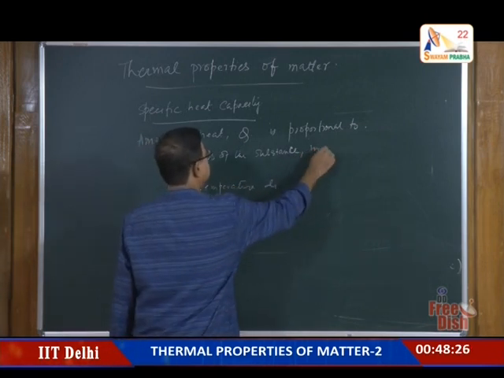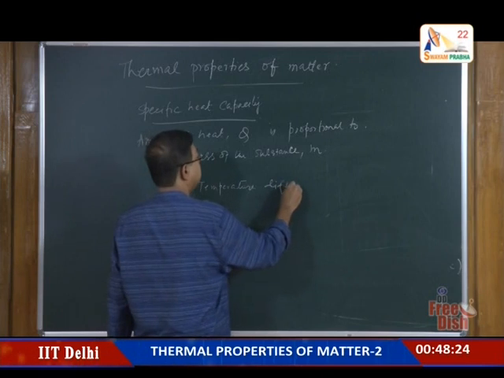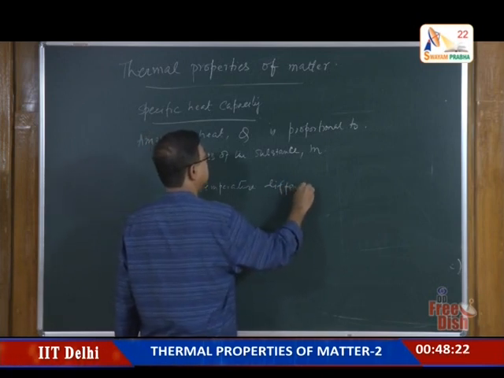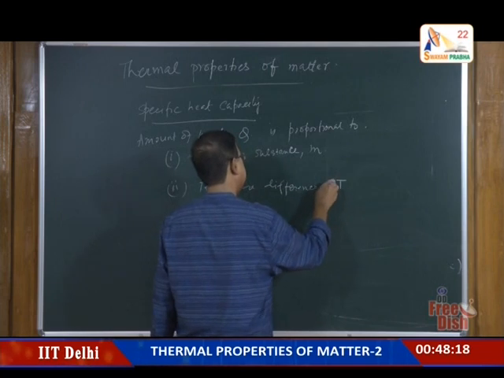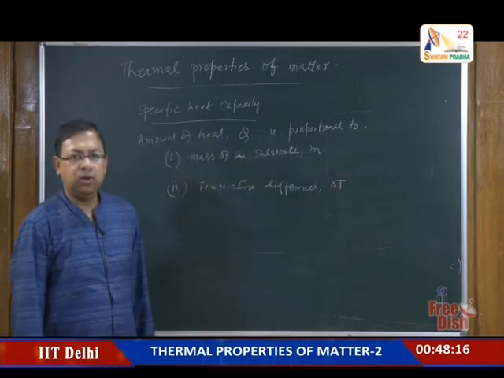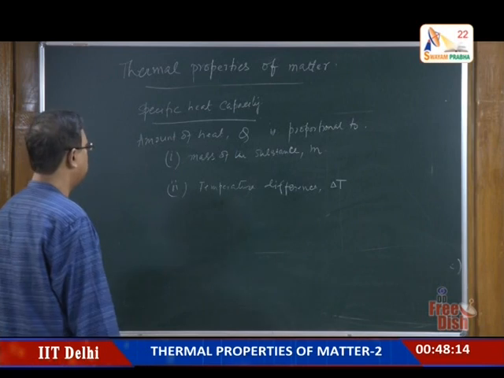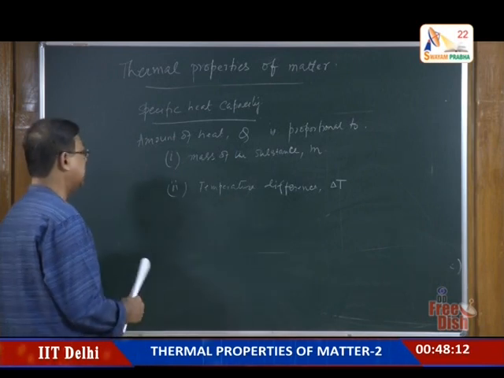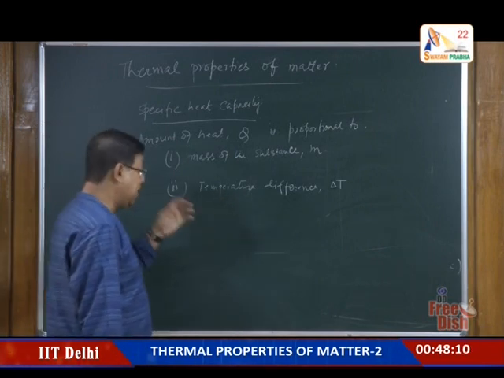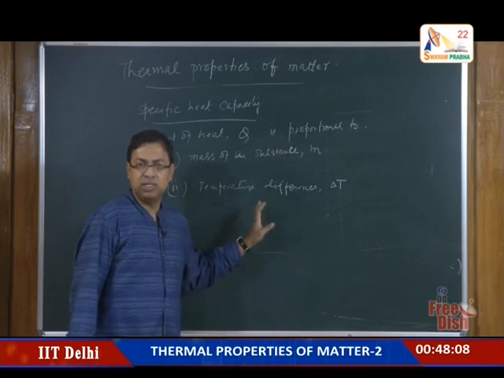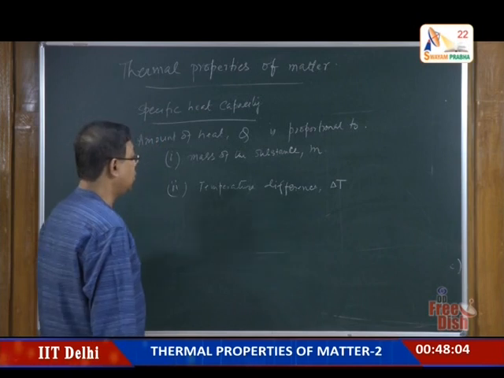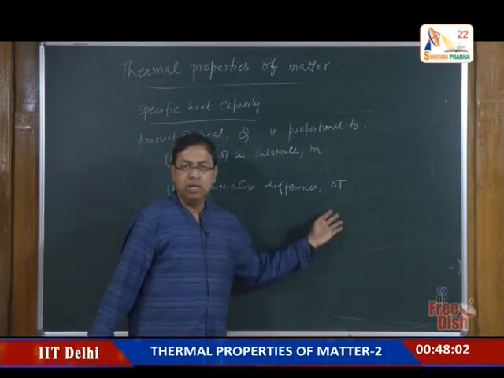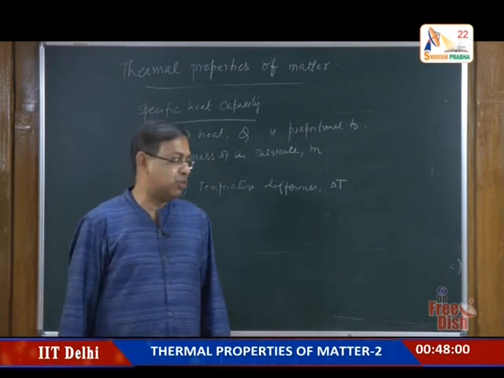So the mass of the substance is m and the temperature difference is delta T. Okay, so Q is proportional to m and delta T. So delta T, as you understand, is T2 minus T1, where T2 is the final temperature and T1 is the initial temperature.